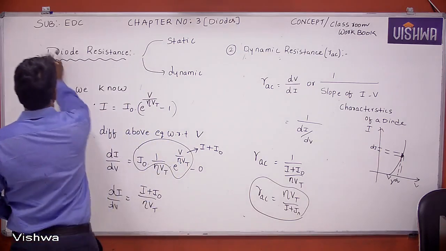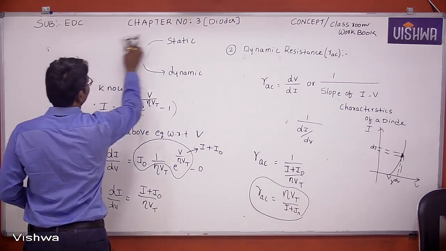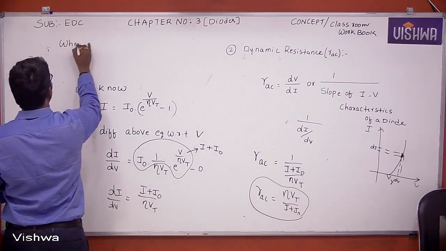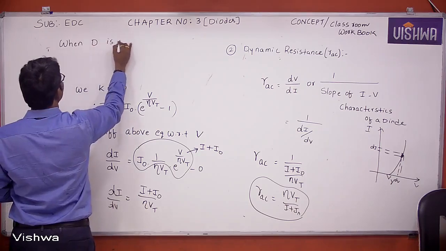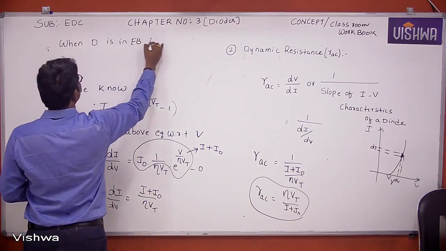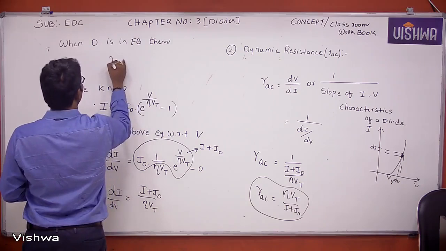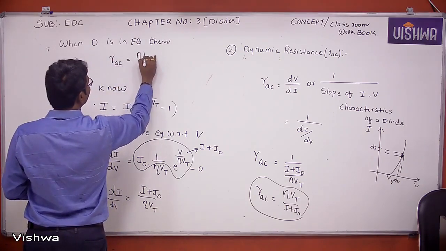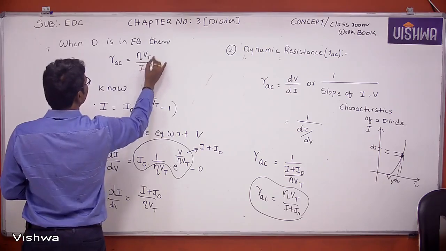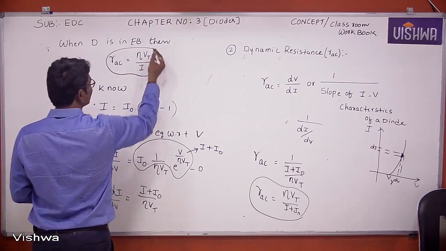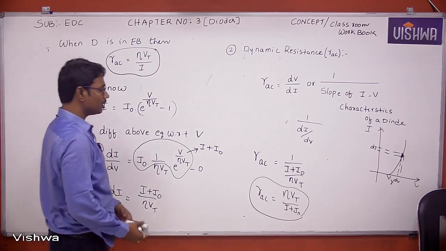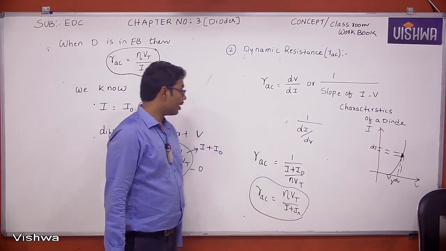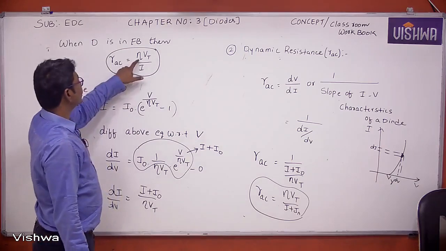When the diode is in forward bias, the dynamic resistance RAC is equal to eta into Vt by I, because in forward bias the reverse saturation current is almost negligible, since the current is due to only majority charge carriers.